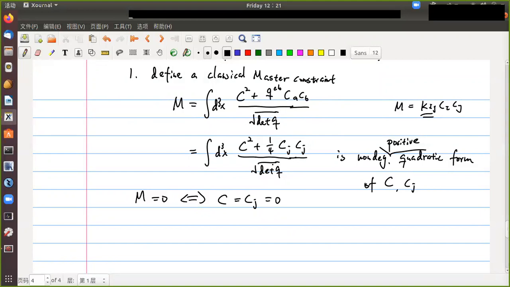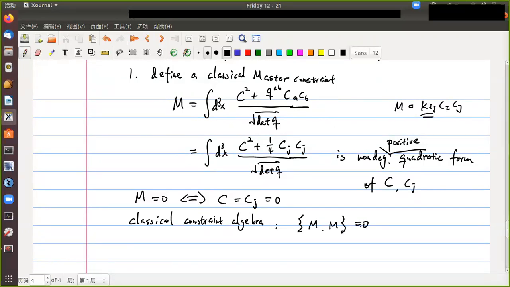So this is really a single constraint because you are integrating over three-dimensional space, and M is just a single constraint. And the classical constraint algebra of M is just trivial because it is a single constraint. It is just M and M itself equals 0.